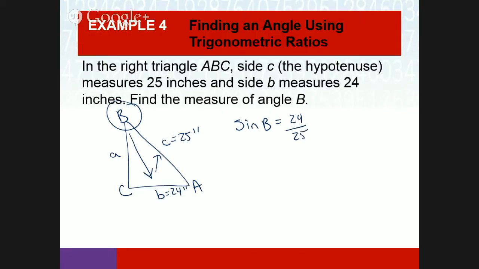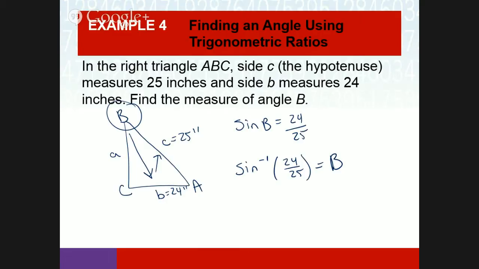So if I was to set this up, I say sine of B is going to be 24 over 25. Now I don't know this ratio, so I'm going to use my calculator. What I'm going to plug in my calculator is sine inverse of the ratio, 24 over 25. That's going to give me my angle measurement B. So on your calculator, you want to hit sine inverse of 24 over 25. Did you find your sine inverse button? Yeah, it's right above.